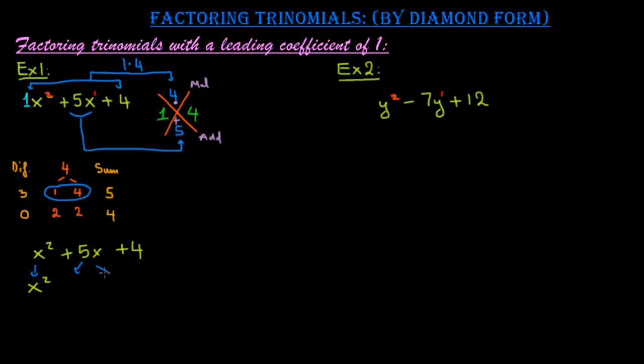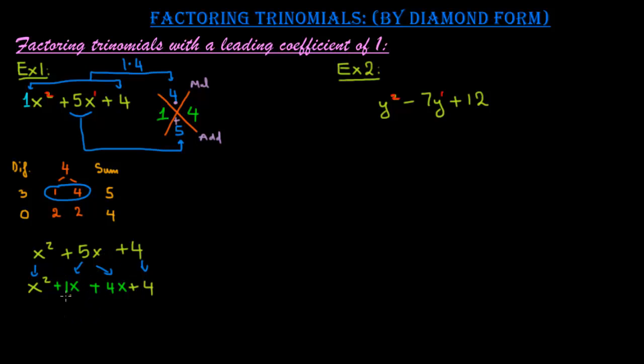Positive 5x will be broken down as positive 1x, which comes from the diamond form, plus 4x, and bring down my next term, plus 4. So what I just did is replace 5x by 1x plus 4x, which still gives me 5x. That is the concept we have to do.